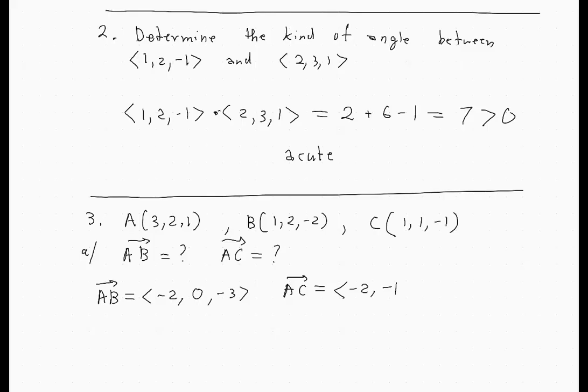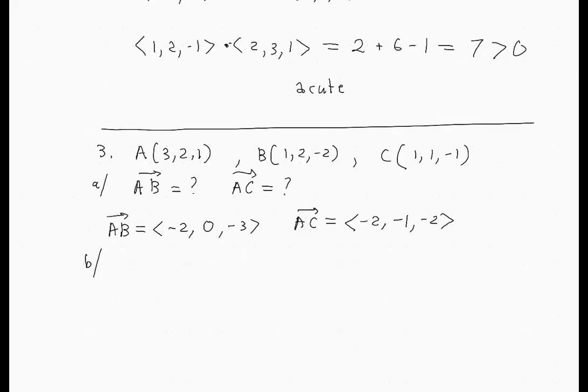So what is part B asking for? It asks us to take the cross product of the two vectors, AB cross AC, which is I, J, K, negative 2, 0, negative 3, negative 2, negative 1, negative 2.